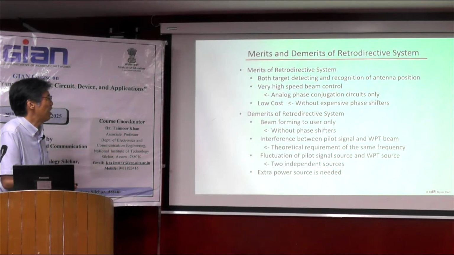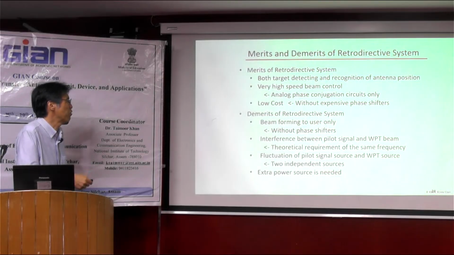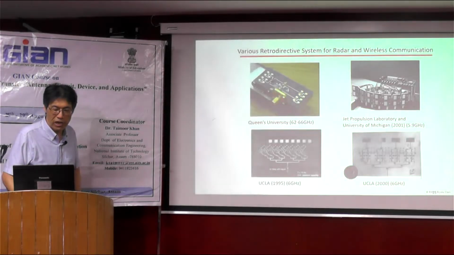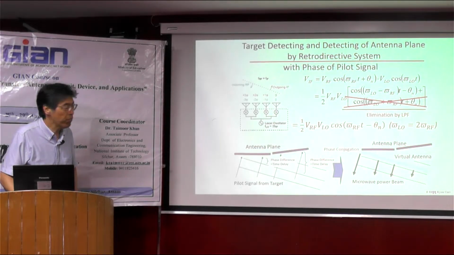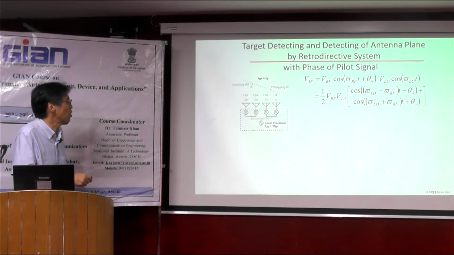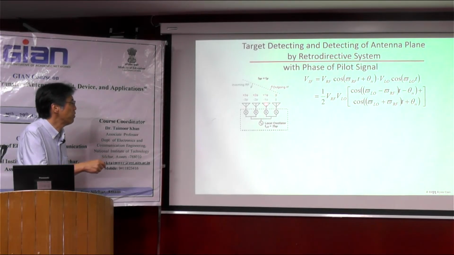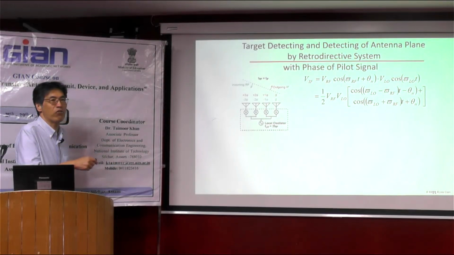In the retrodirective system, there is an interference between the pilot signal and the WPT beam. Theoretically, as I mentioned, we must use the same frequency in the incoming radio frequency and the outgoing microwave beam.